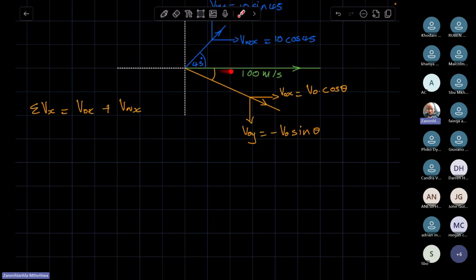Now, if you look at VR here, we are told VR is directly east, meaning that it is parallel with the x-axis. What does that tell us?